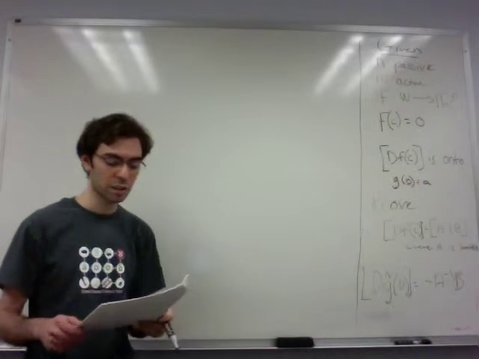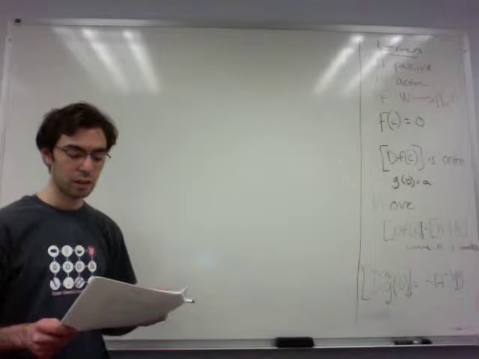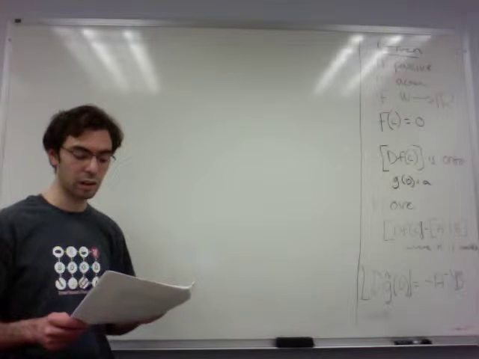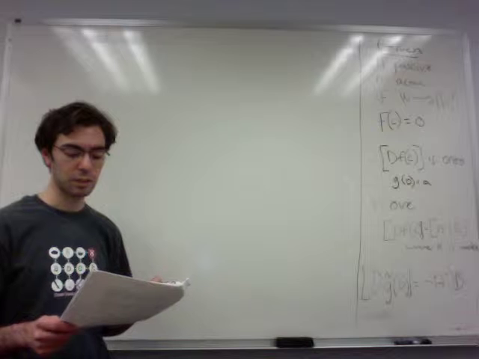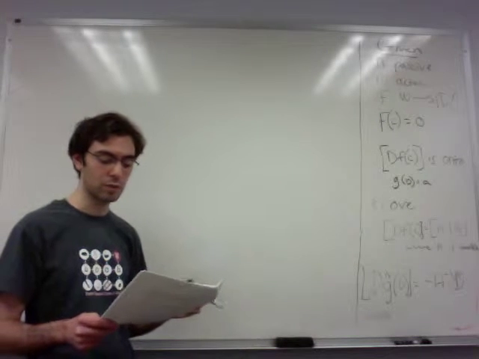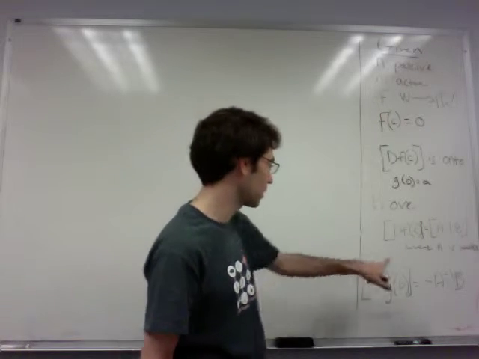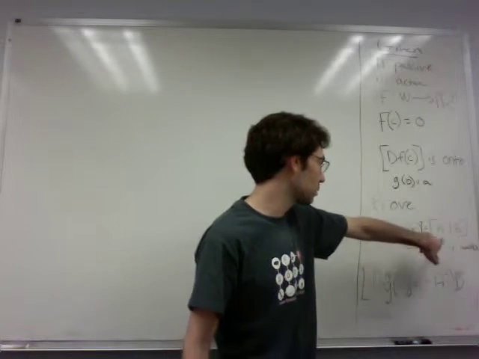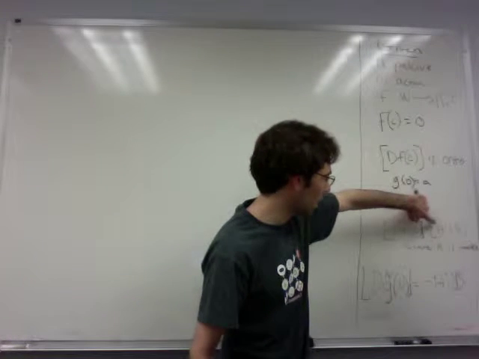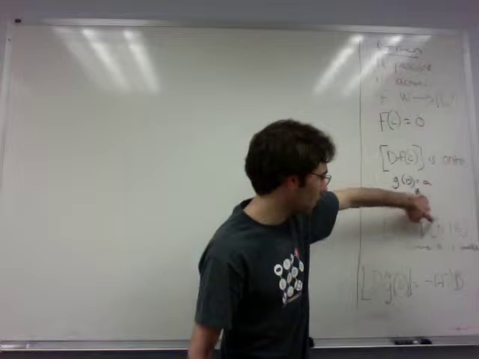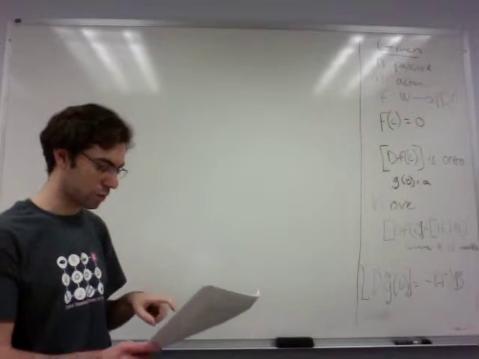With all that in mind, the question asks us to prove that the n+m variables can be ordered so that the first n columns of df of c are linearly independent, and that df of c is equal to a composite matrix of A and B, where A is an invertible n by n matrix. So basically, df of c is equal to this composite matrix of A and B, and what it wants us to show is that A is invertible and that it's n rows and n columns. And we'll do that first.